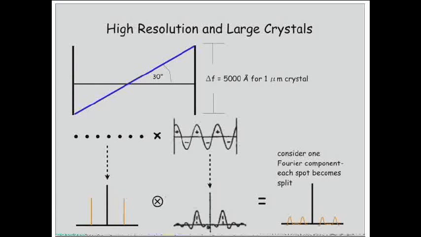And the distance between those two peaks in the split spot is a function of the number of times you repeat this sinusoidal oscillation. So the more repeats you get within the image, the wider these spots are going to be. That's going to be a function of the resolution and the tilt angle.